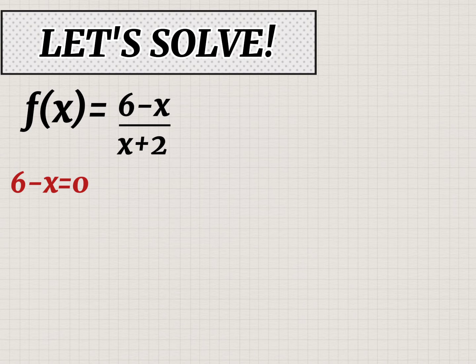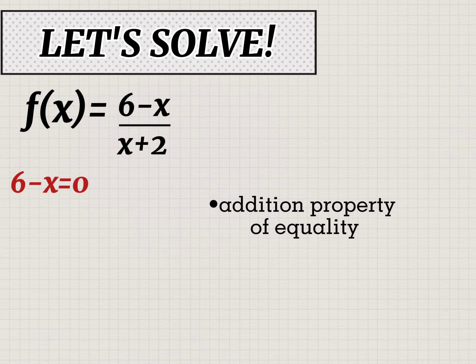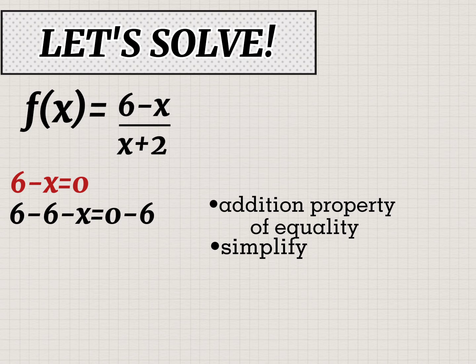Okay, next step is that you have to apply addition property of equality. So, 6 minus 6 minus x equals 0 minus 6. Then, simplify your answer and that will give you an answer of negative x equals negative 6.